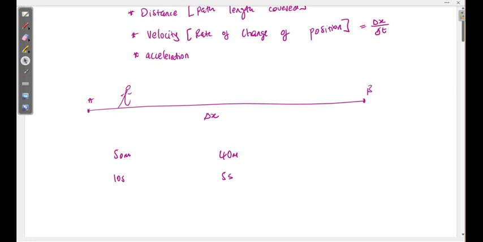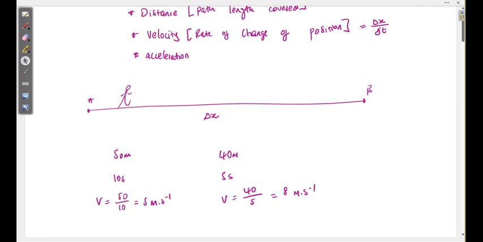Right, we need to calculate the speed of each. So we can say 50 divided by 10, we get that the person is covering 5 meters every second, while this one is 40 divided by 5. You get 8, right?